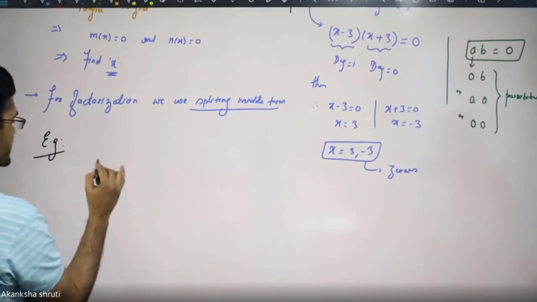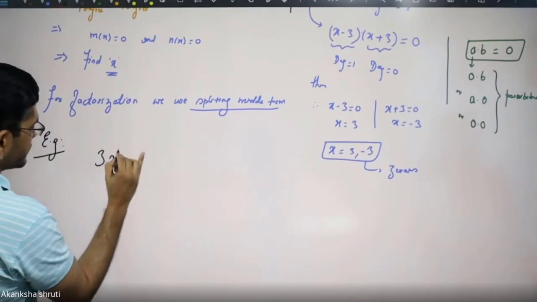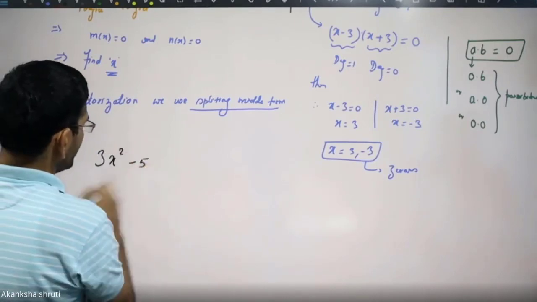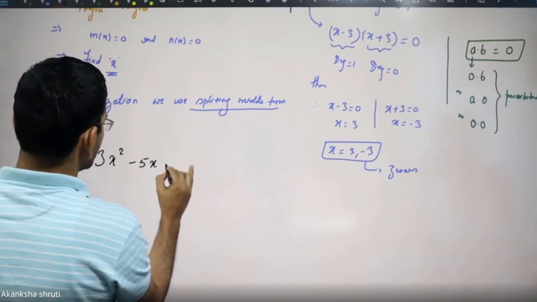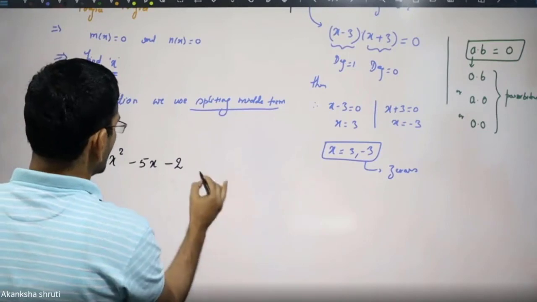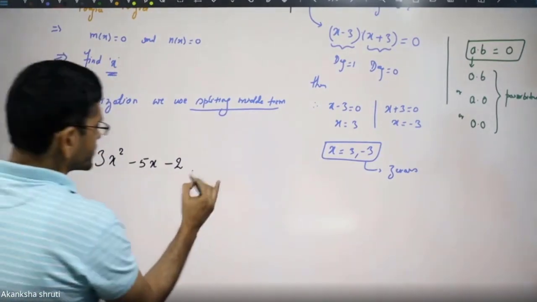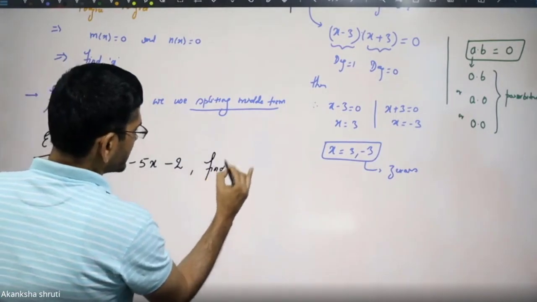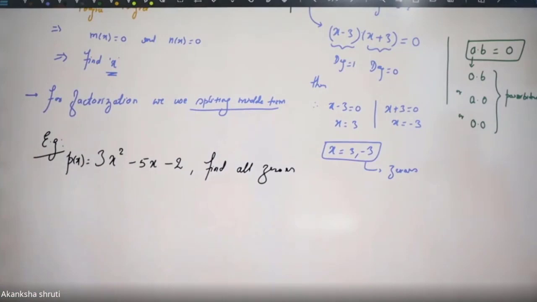Let us write, say, 3x square minus 5x minus 2. This is the polynomial given, and we need to find all zeros. The question is this one.